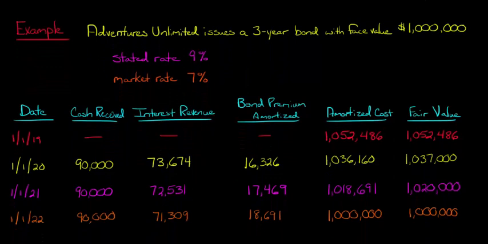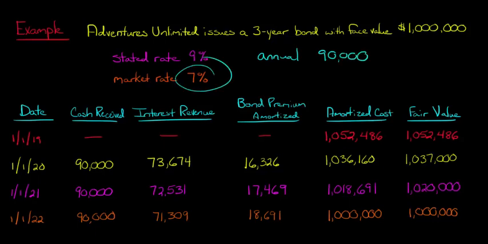So let's say that this firm, Adventures Unlimited, issues a 3-year bond with a face value of $1 million. And nothing has changed from our example when we looked at held to maturity securities, so I'll just run through this quickly. We have a stated rate of interest of 9%, and this is annual interest, so we're going to receive $90,000 a year in interest on these bonds we're investing in.